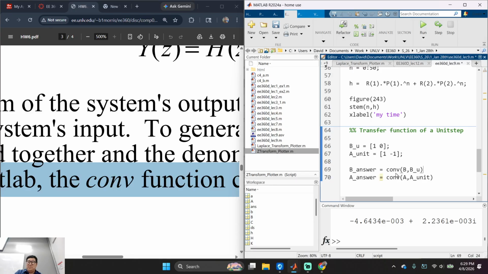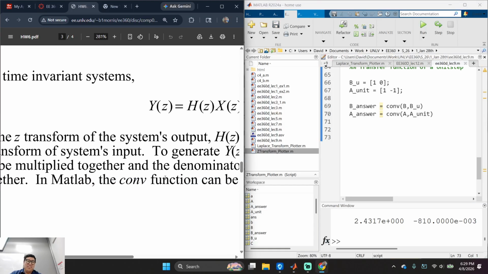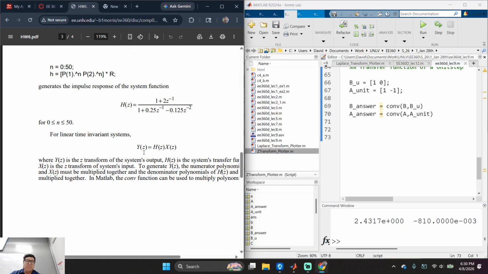You know what? I'm going to leave those uncommented. What's B answer? 1 by 4. What's A answer? Also 1 by 4. I'm not going to show you the numbers because who needs the numbers? We have MATLAB.